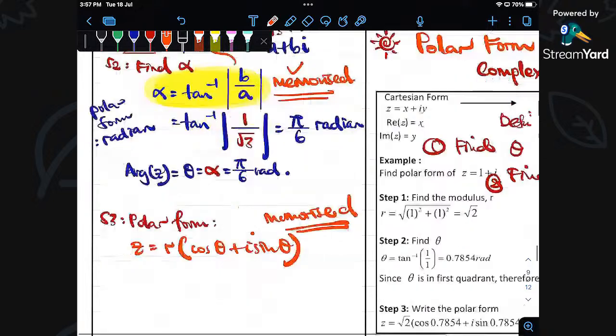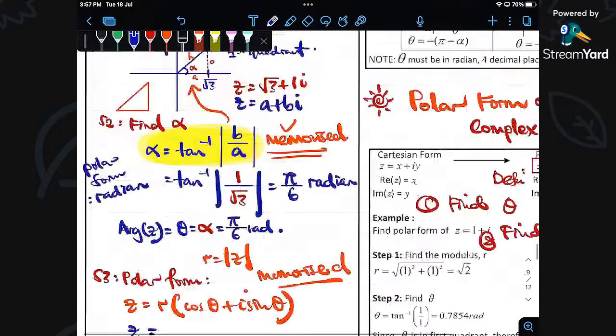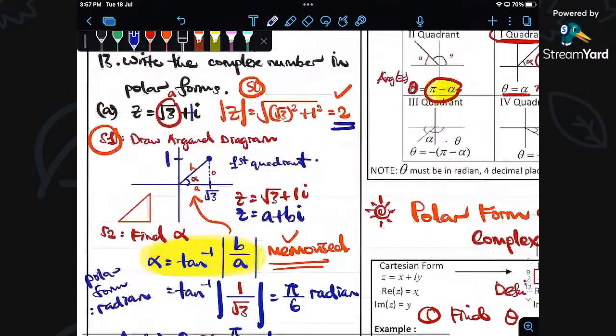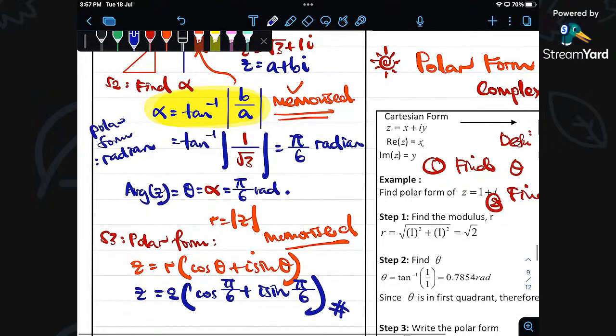You got to remember this formula di mana R itu sebenarnya adalah modulus of Z. Then what is your R just now? Your R is actually 2. So 2 times cos pi over 6 now, plus I sine pi over 6. That is your answer in polar form.